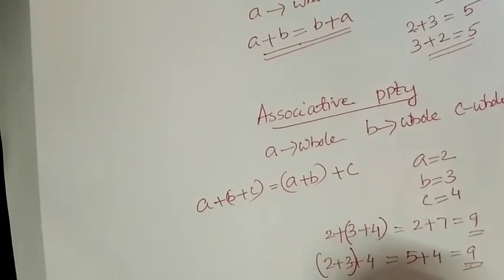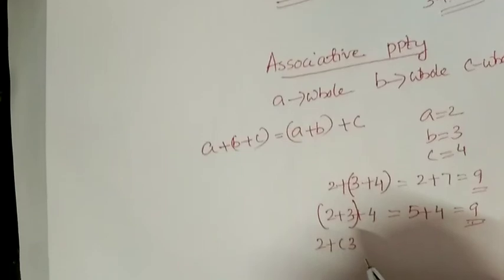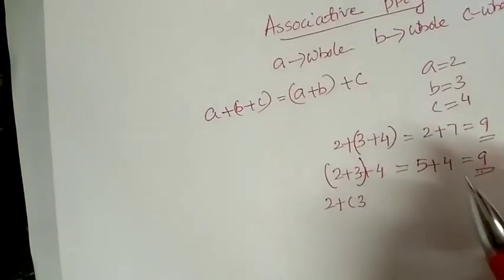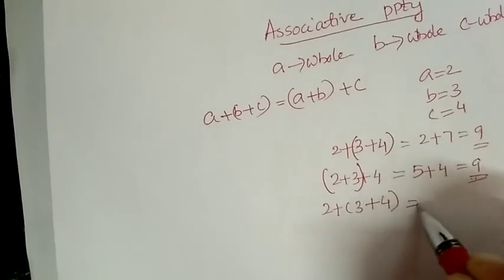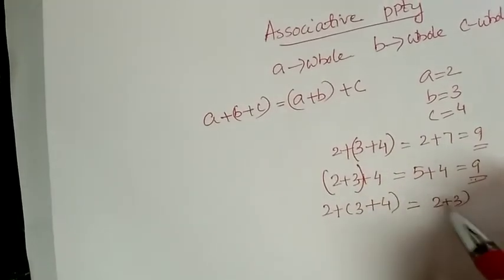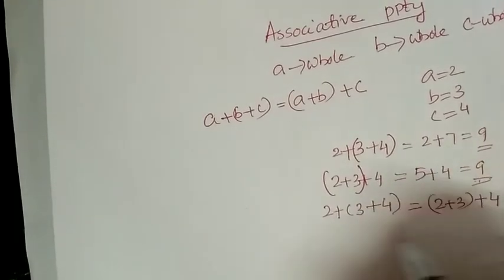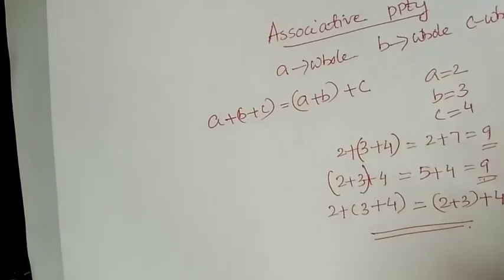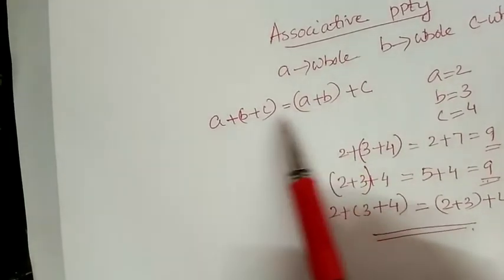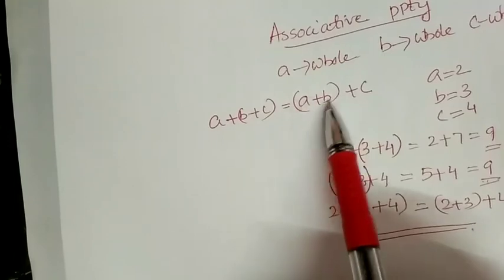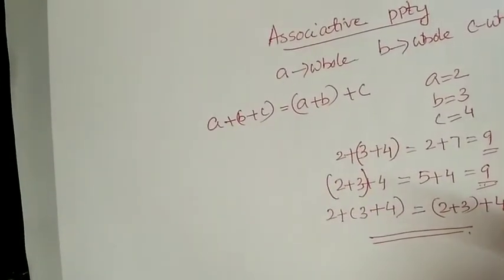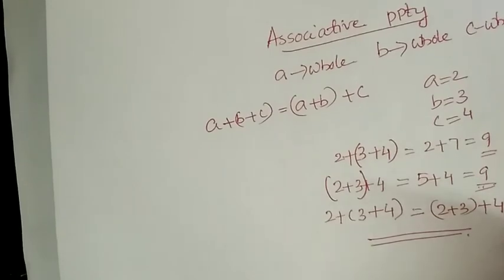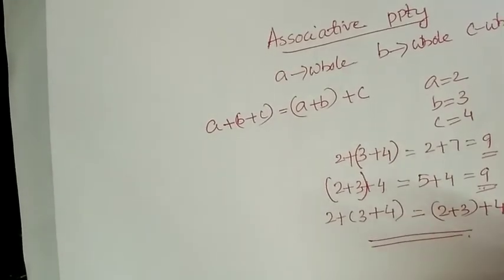So in general, A plus B plus C is equal to A plus B plus C with either grouping. Okay, this much only, these three properties of whole numbers. Okay, thank you.